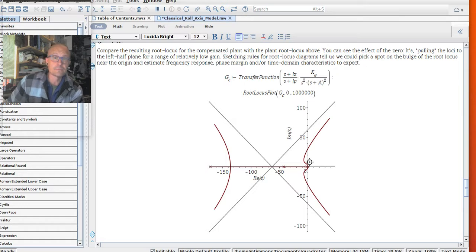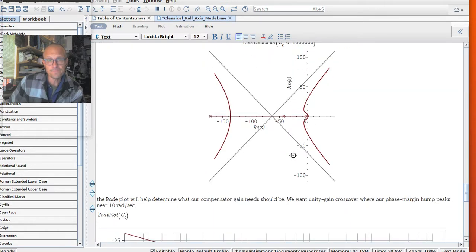And so we're seeing what we would expect: we're going to need a gain in here, and then we're going to have a stable system. Poles in the left half plane.